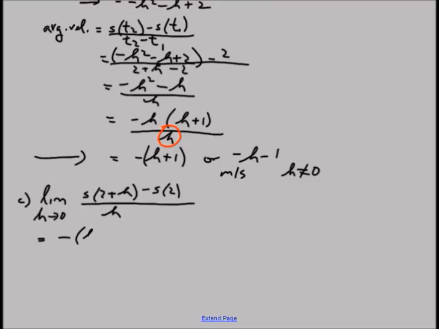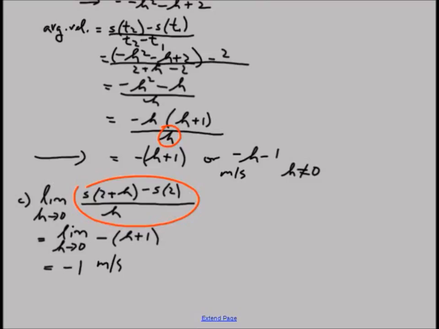I should write that as still the limit as h approaches 0. We've already done this work in part B, so I'll just write it down, negative (h plus 1). So as h approaches 0 there, this would be equal to negative 1. And that is meters per second.